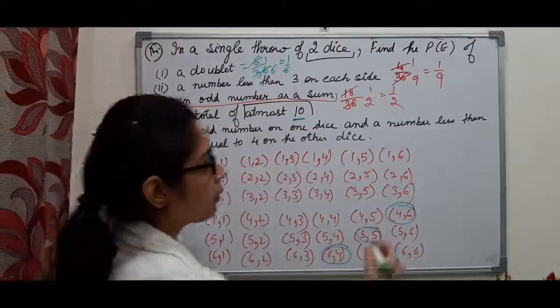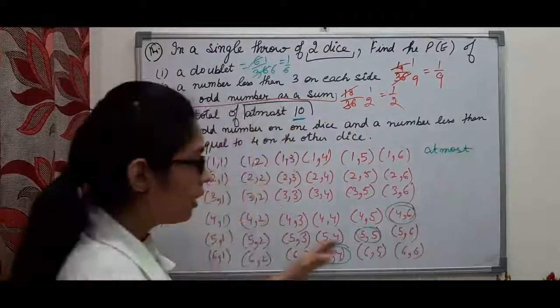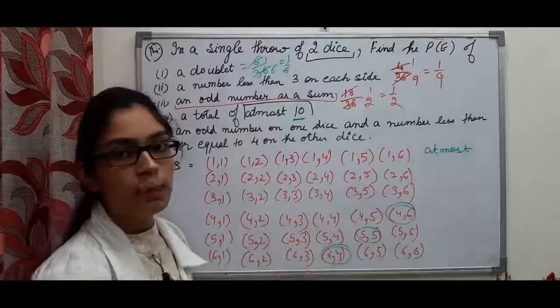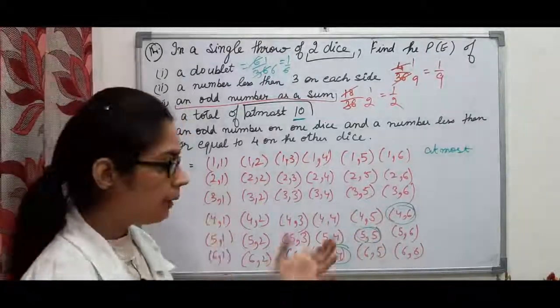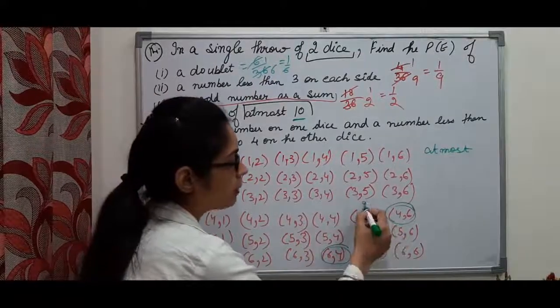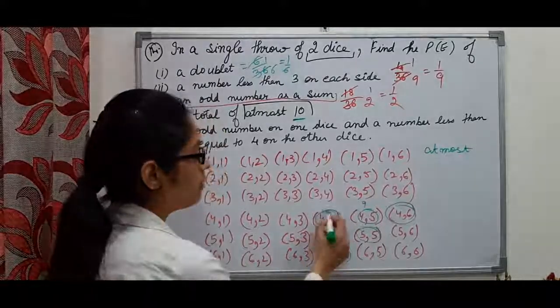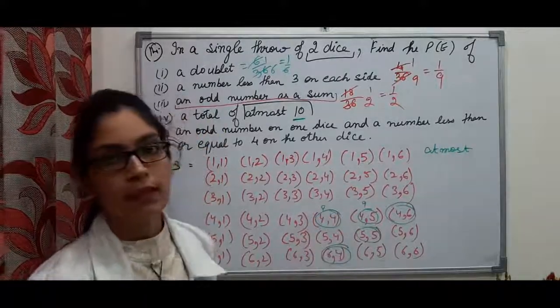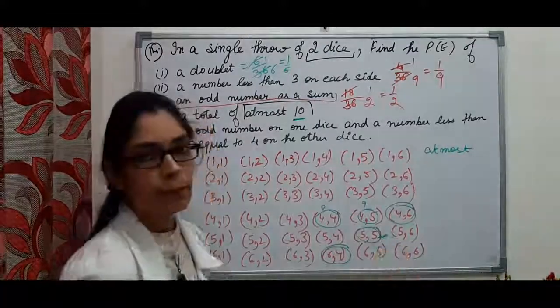Now they are telling me at most. At most means at the most the sum should be equal to 10, but less also I can take. If this number is giving me a sum or total of 9, this also I can take. If this is giving me a sum of 8, this also I can take. So all the lower terms plus this term is the meaning of at most.